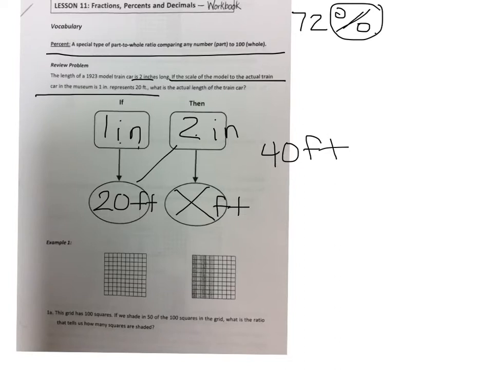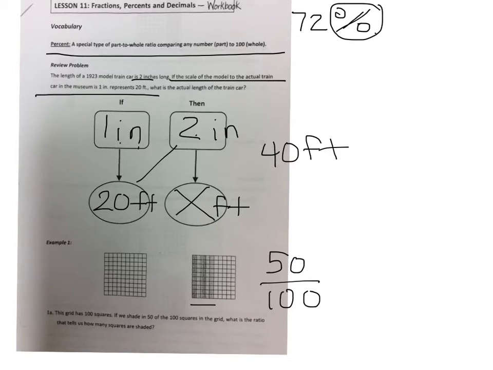Okay, now we're going to actually start looking at fractions, percents, and decimals. At the bottom it says, this grid has 100 squares. If we shade in 50 of the 100 squares in the grid, what's the ratio that tells how many squares are shaded? So if we write this as a ratio, and we say a ratio compares two numbers, they want us to say the ratio that is shaded. So the top number, there's 50 shaded out of 100, because isn't there 100 total squares?